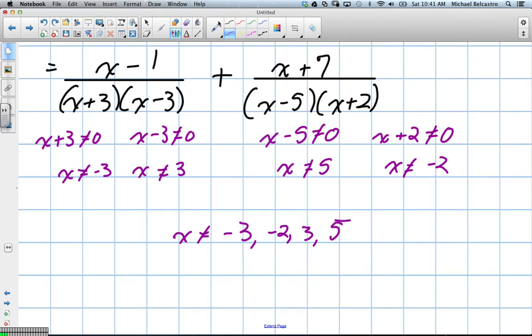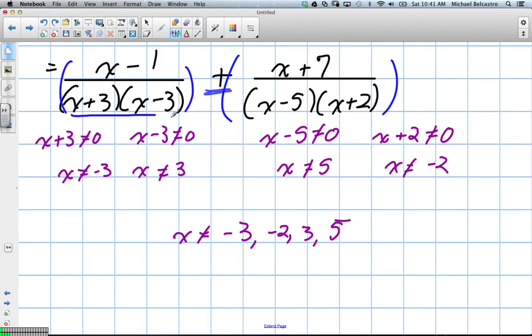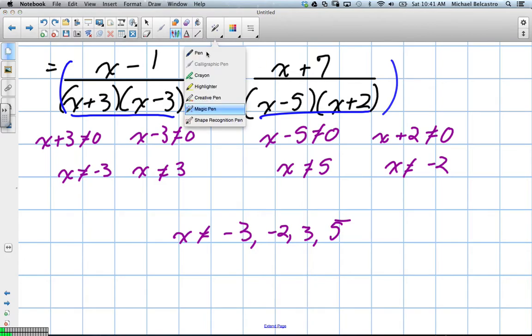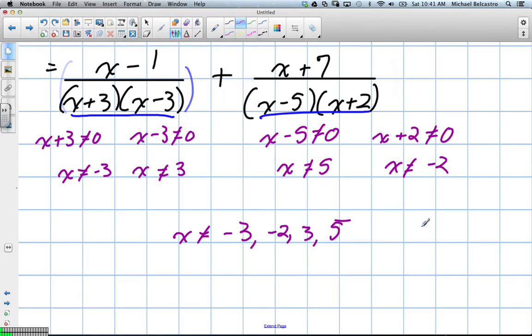Now, because we're adding, in order to add two fractions, if you recall, we need common denominators. So we need this denominator to equal that denominator, but they're very different right now. Let's say we're just doing normal fractions, a half plus a fourth.